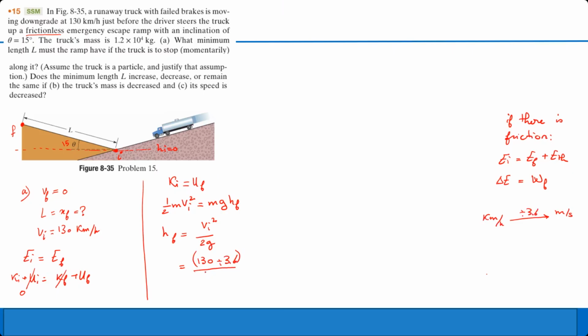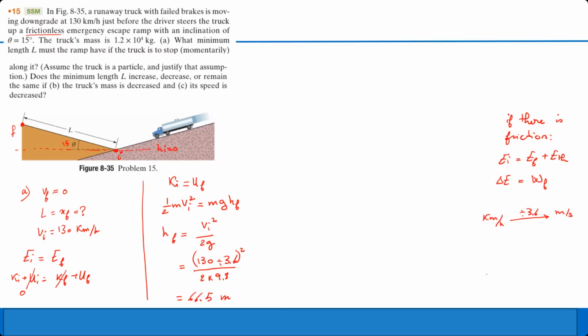I will square that. And here I have 2 times 9.8. You can calculate this, and you should get 66.5 meters.